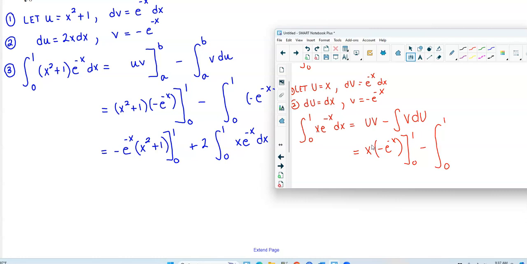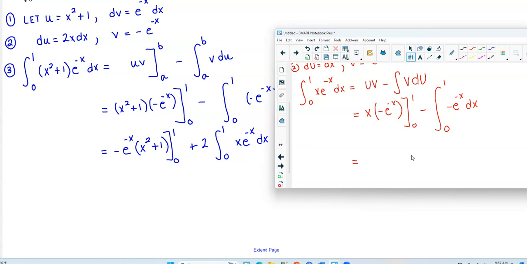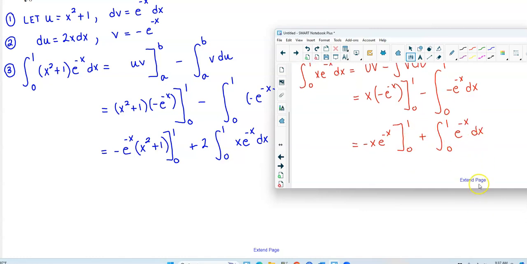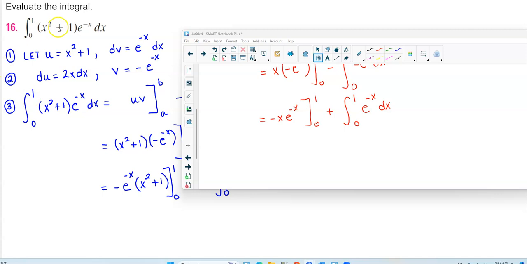So we have v, which is negative e to the negative x, times du, which is dx. So let's go ahead and simplify this. We have negative x e to the negative x going from 0 to 1. A negative times a negative is a positive. And then we're going to integrate from 0 to 1 e to the negative x dx. Well, again, we know that the antiderivative of e to the negative x is the same as what we got up here.